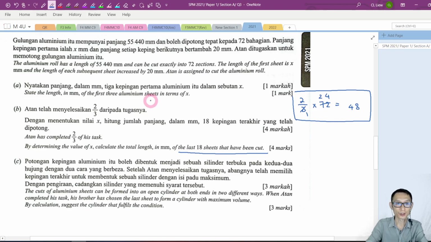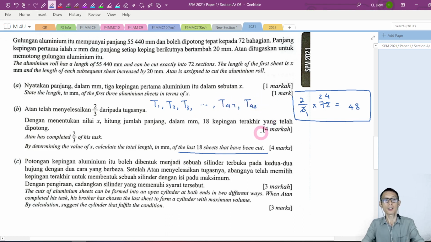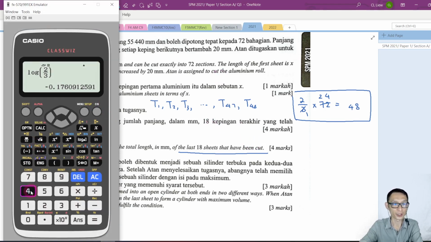So Atan already cut 48 pieces. Now the question wants you to find the last 18 sheets that have been cut. You need to be more careful for this part. Let's say some students might do it this way, which is not correct. They take 48 minus 18, and you will get 30, right?